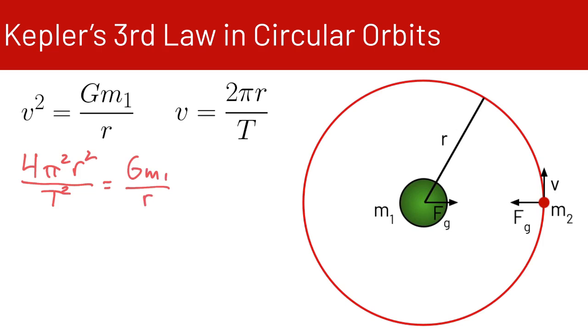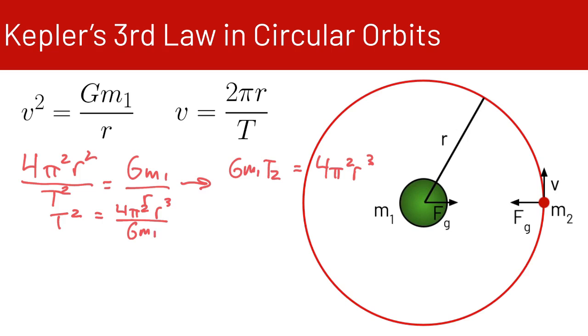So solving for T, we have G m1 T squared is equal to 4 pi squared r cubed. So then we have T squared is equal to 4 pi squared r cubed over G m sub 1.